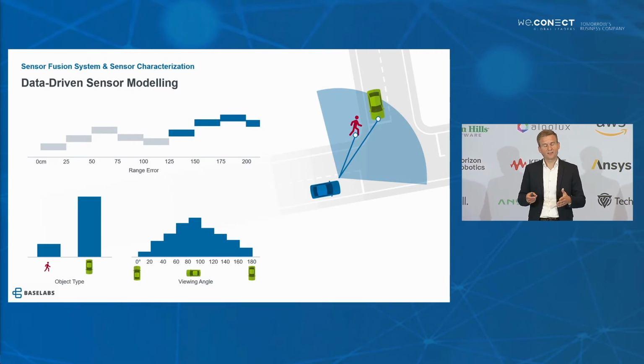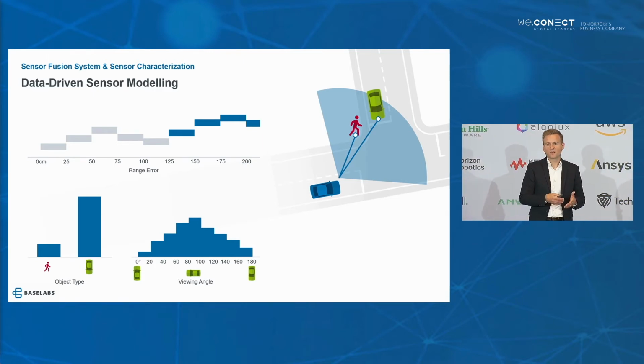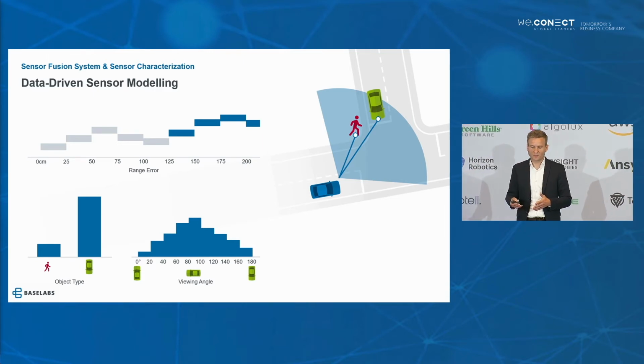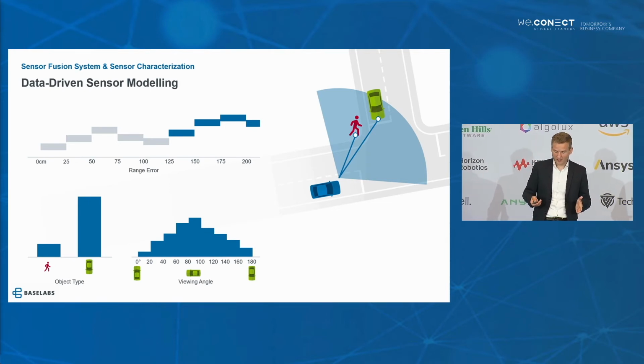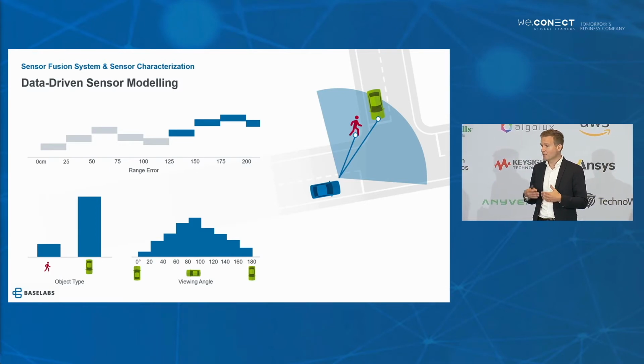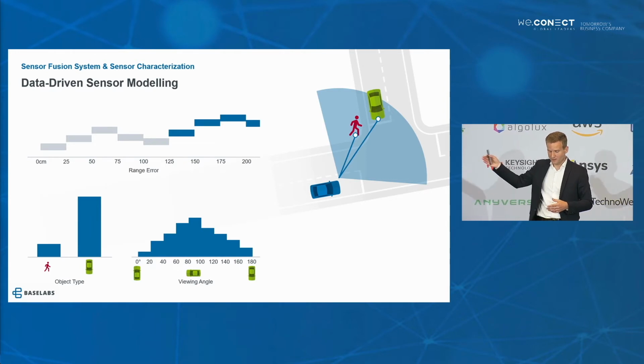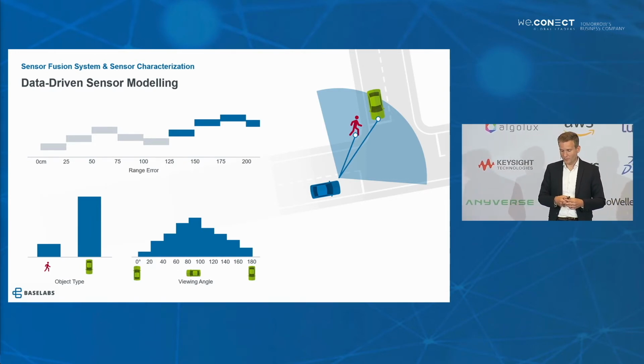Which means that the sensor seems to be pretty good at measuring the distance of the pedestrian, but not that good at measuring the distance of the car. That's what we can see from the diagram. Also, the second assumption was right: the aspect angle, so the viewing angle, influences the range error. You can see this in the heat map on the lower right side.